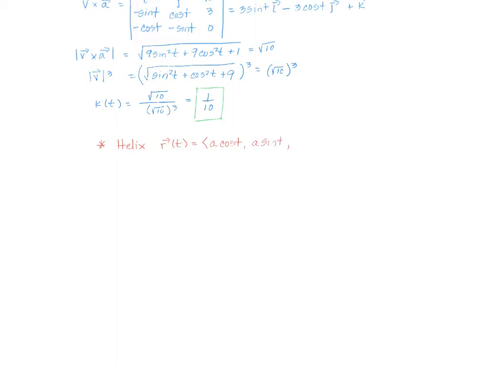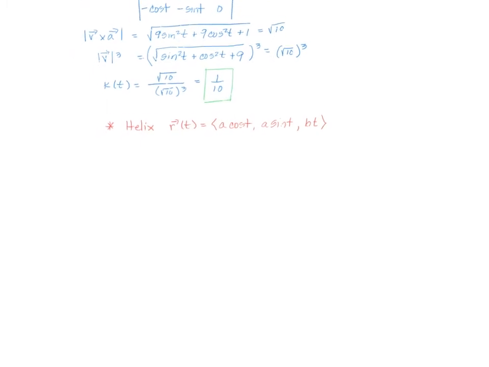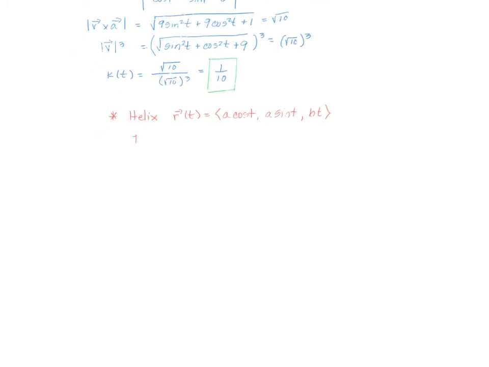If your helix looks like this, then your tangent vector will be negative a sine t, a cosine t, comma b, divided by the square root of a squared plus b squared.